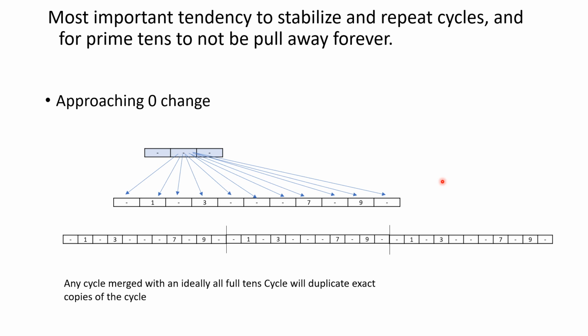For example, here the three empty boxes will combine with all of these, and they will produce three identical repetitions of the main cycle.